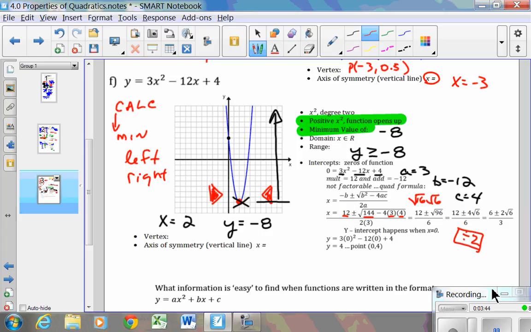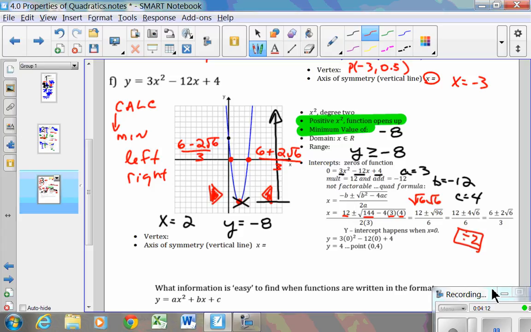So my 2 points where I'm crossing on the x-axis are 6 minus 2 root 6 divided by 3, and 6 plus 2 root 6 divided by 3, the bigger one to the right and the smaller one to the left. So those are my 2 zeros.